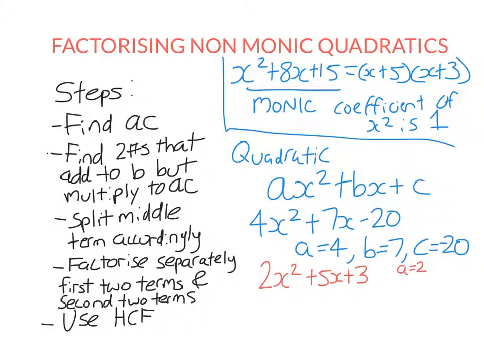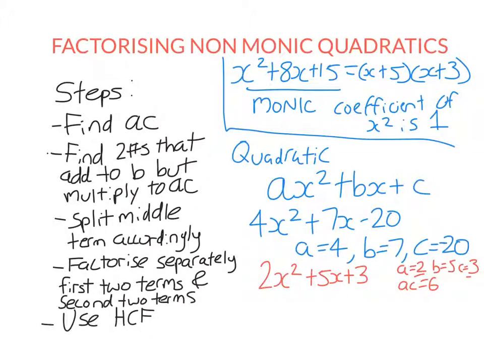Doesn't equal 1. B is 5, the number in front of x is 5, and then C is the constant term by itself, 3. So let's follow the steps. So AC is just 2 times 3, which is 6. So now I have to find two numbers that add to B, add to 5, but multiply to 6.